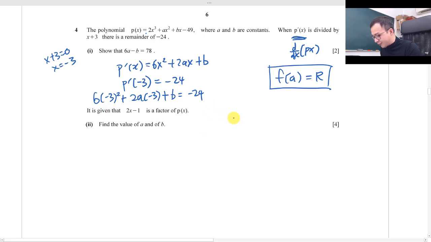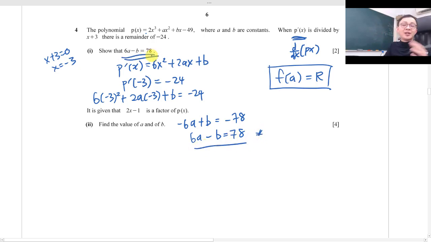So I have negative 6a plus b equals negative 78. So multiply negative for the whole thing. So 6a minus b equals 78. Alright, which is question 1 for us to do. Question 1 is to actually get this equation. So this is how we get it.